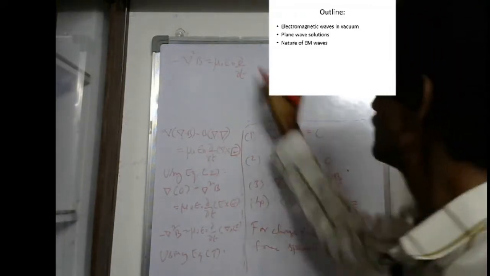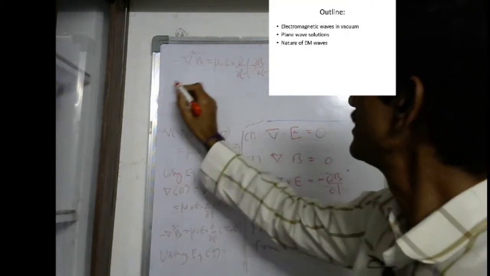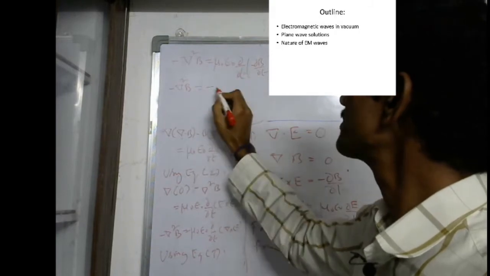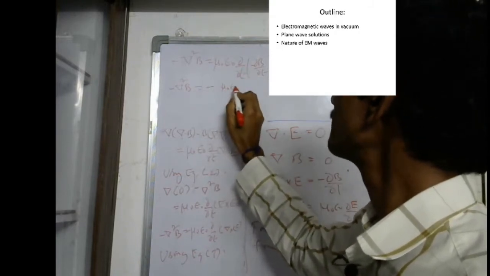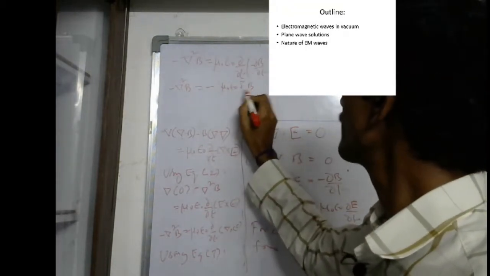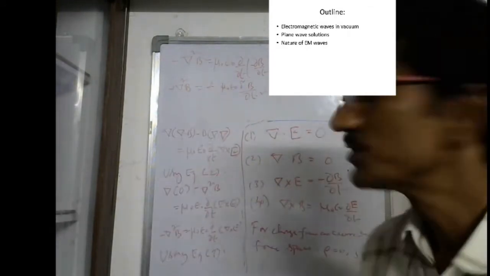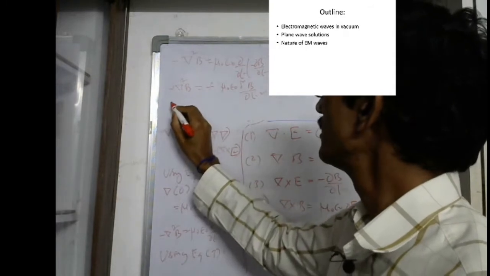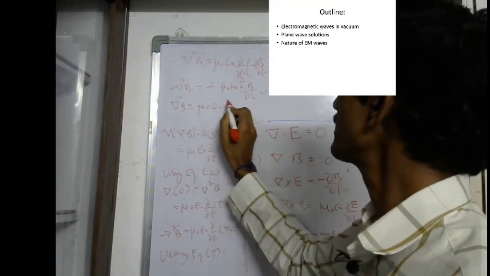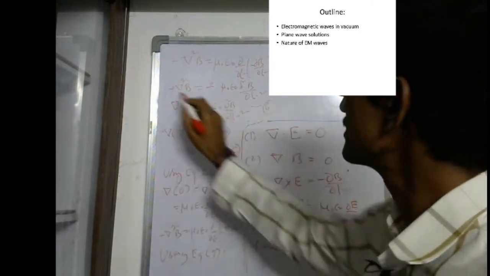Minus dou B by dou t. So minus del square B is equal to minus mu naught epsilon naught dou square B by dou t square. The minus signs cancel. So del square B is equal to mu naught epsilon naught dou square B by dou t square. This is equation number 6.